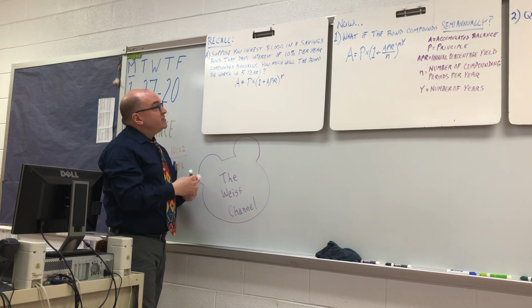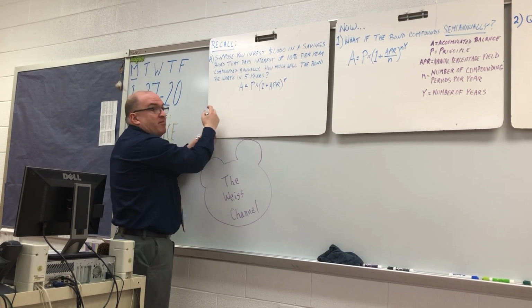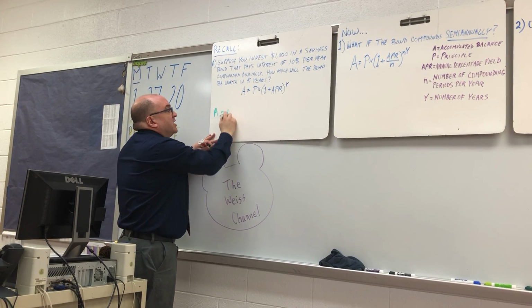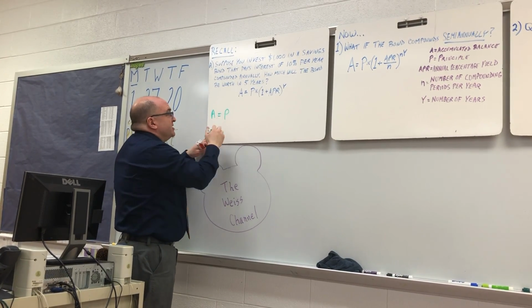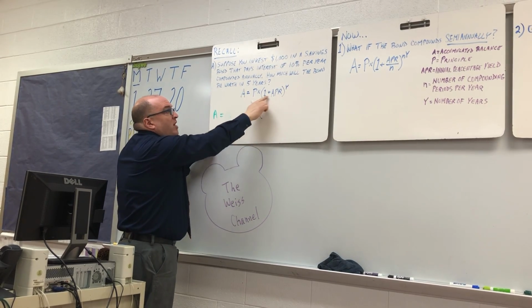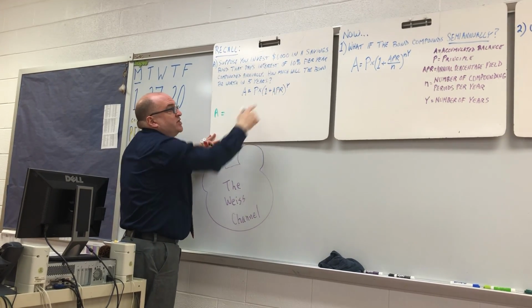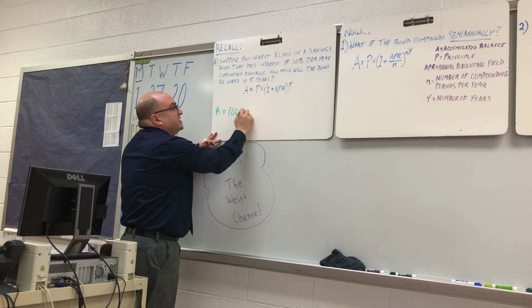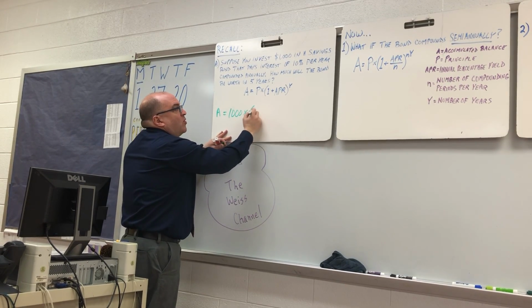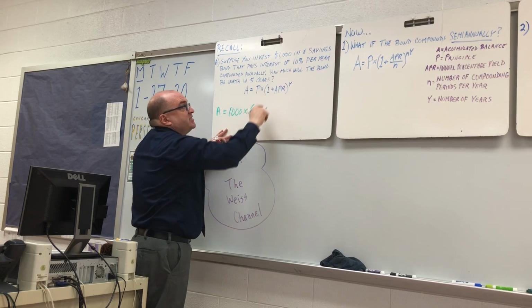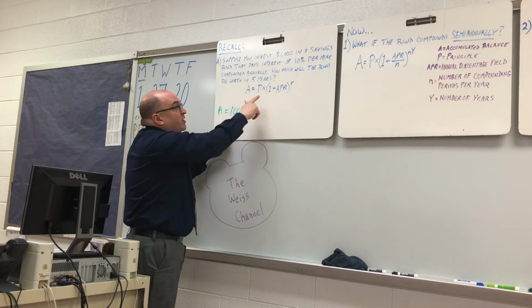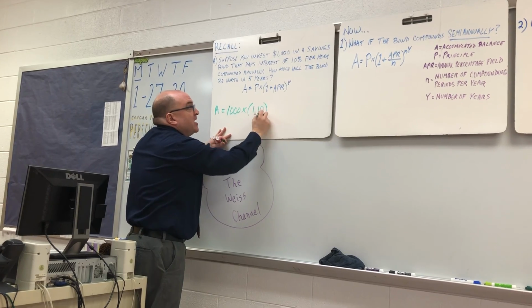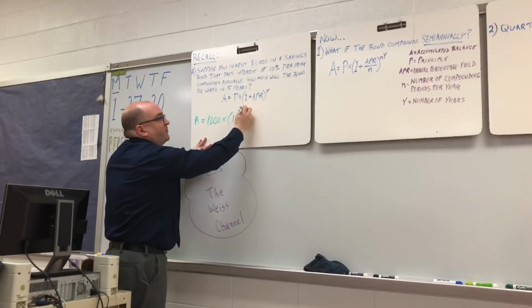And what we said was, okay, A, the amount that you will wind up with, equals the principal times 1 plus the rate to the year power. So the principal is 1,000 times the interest is 10%, so that's 0.10. What's 1 plus 0.10? 1.10, to the 5th power for 5 years.